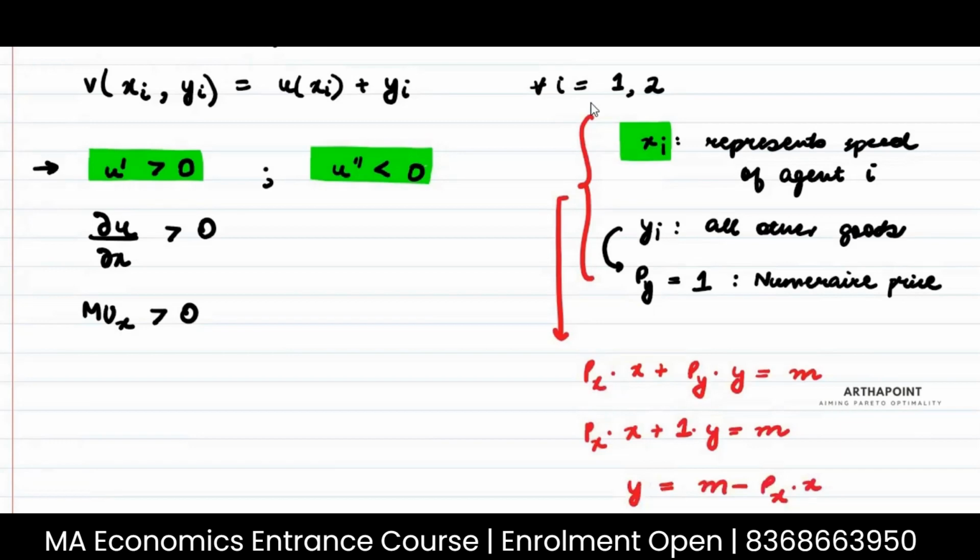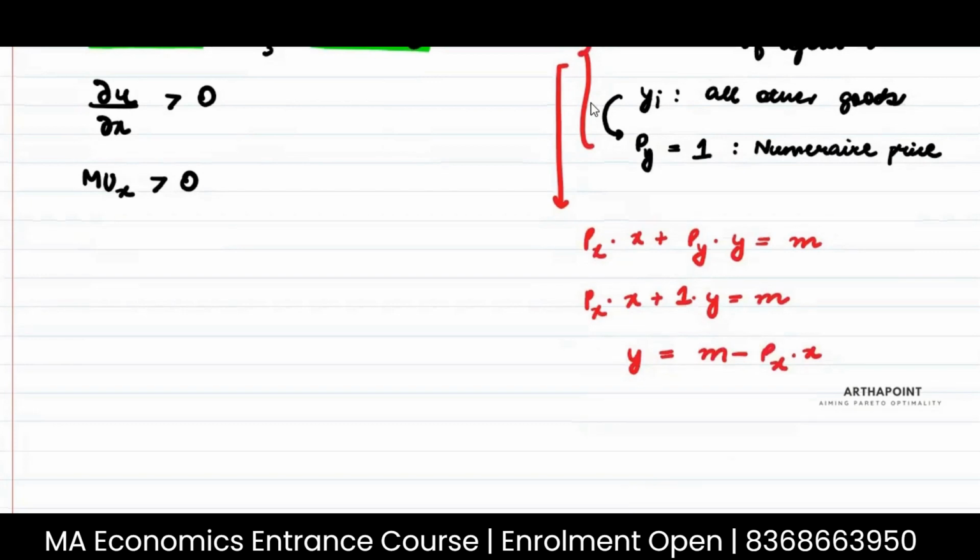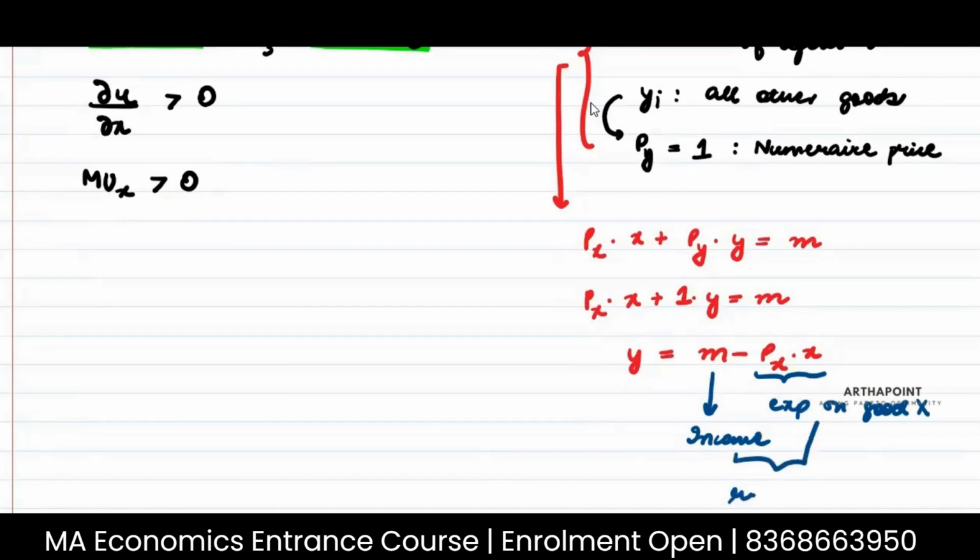It's also called composite good. Yes, you're correct, it's called composite good. And what does it mean here? This is my expenditure on good X. This is the income of the consumer. The difference between income and what I spend on good X is the remaining money with me, and this remaining money is exactly what Y represents.